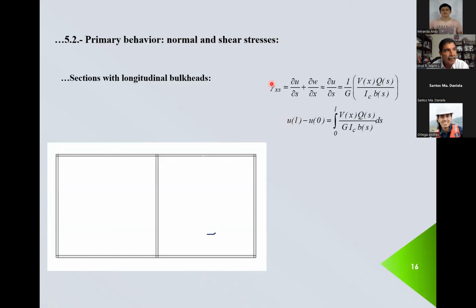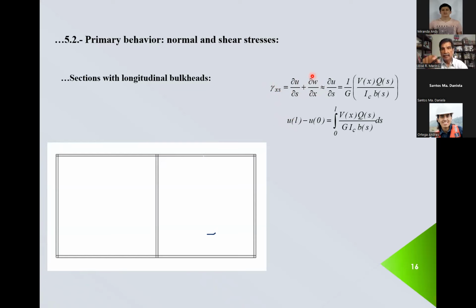Gamma is equal to du/ds plus dw/dx. If we say that this is small, so this would be the slope. If we see the ship hull longitudinally, forward end, aft end, midship here, it will deform.